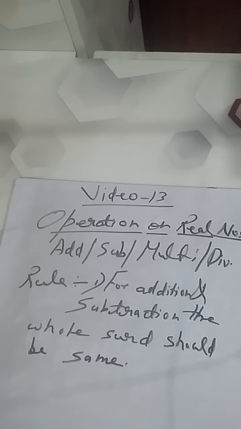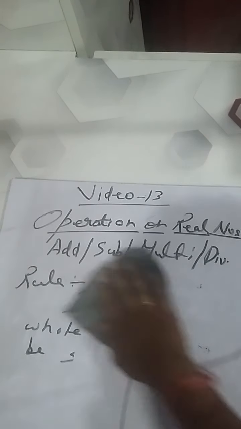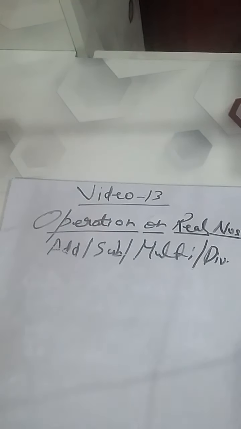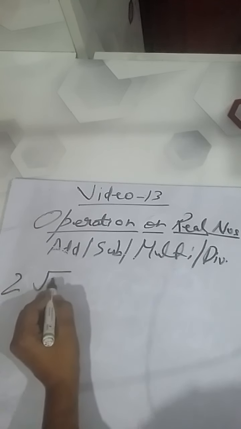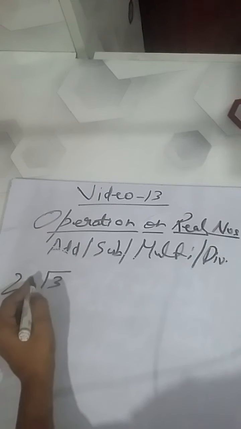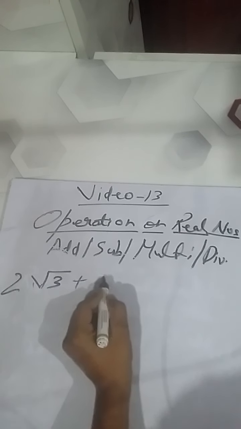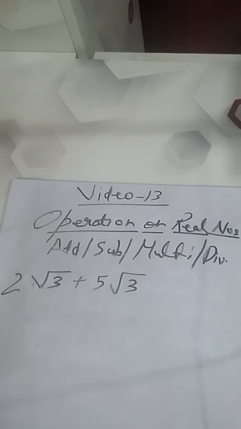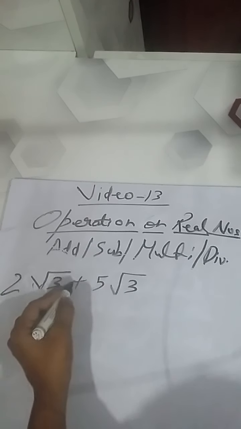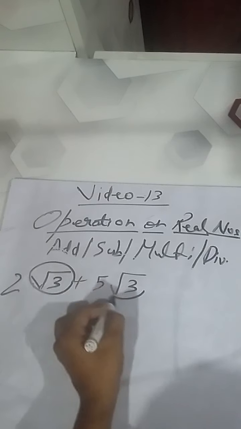So here is the rule for addition and subtraction: the whole surd should be same. Now let me explain you with more examples here. Look at the surd part, this whole part.